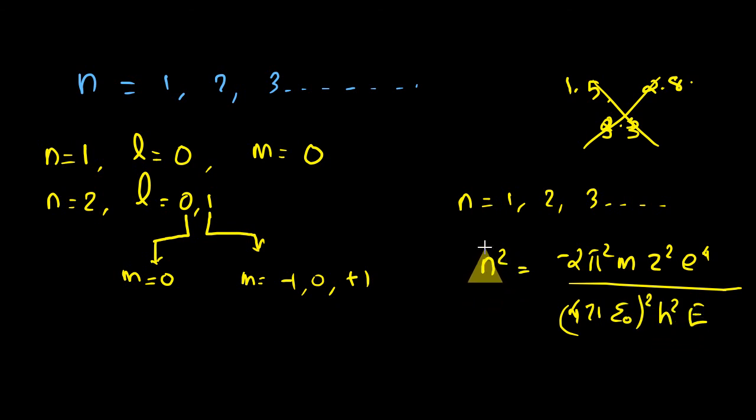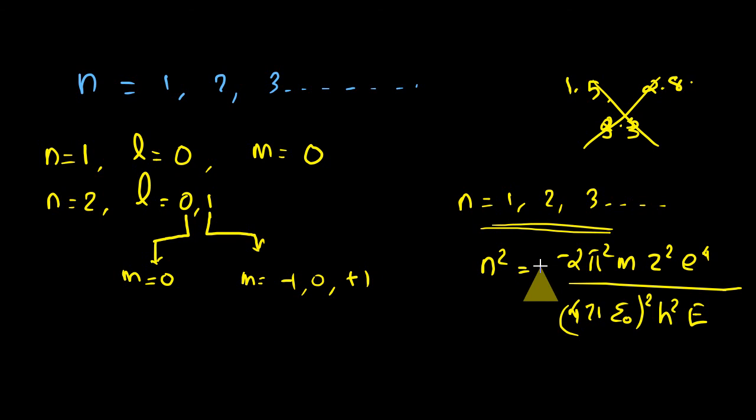But at this moment we know that n is a quantum number because it has restricted values like 1, 2, 3, etc. Okay. So now we have a new quantum number n, and this new quantum number n is called the principal quantum number. Okay. So this is what you have to understand about the nature of n, l, and m.